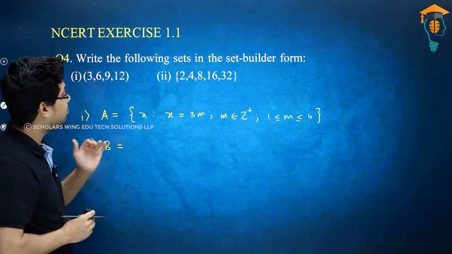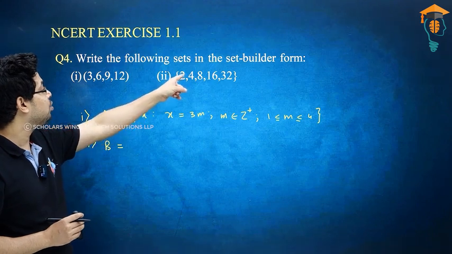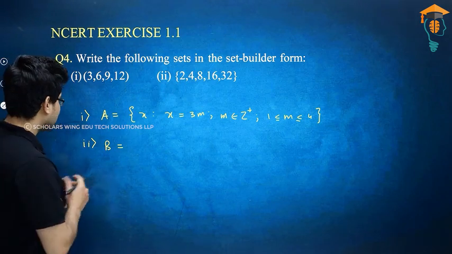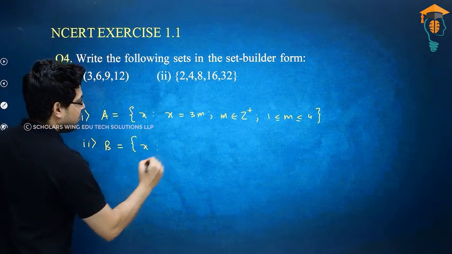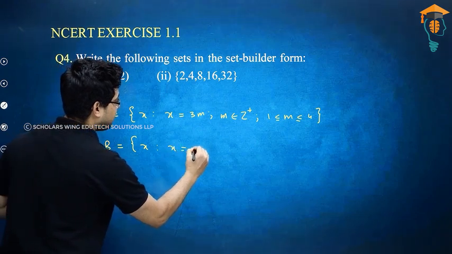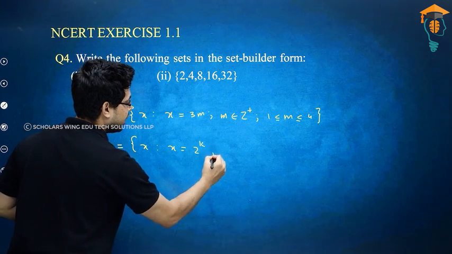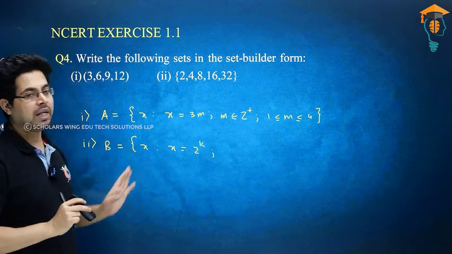So it is basically powers of 2. 2 to the power 1, 2 to the power 2, 2 cube, 2 to the power 4, 2 to the power 5. So I can straight away write that B is equal to X, where X is 2 to the power K. I am writing K over here because I have already written M. Whichever alphabet you want, you can take that.